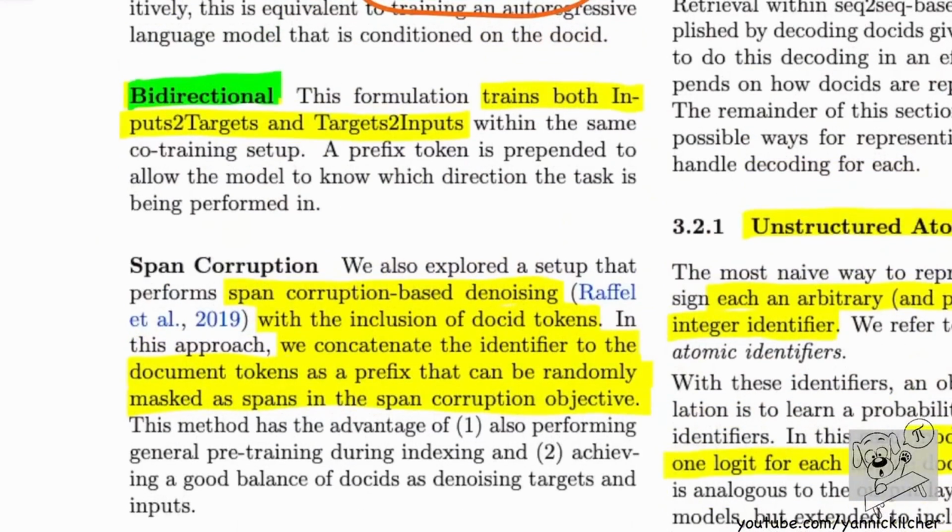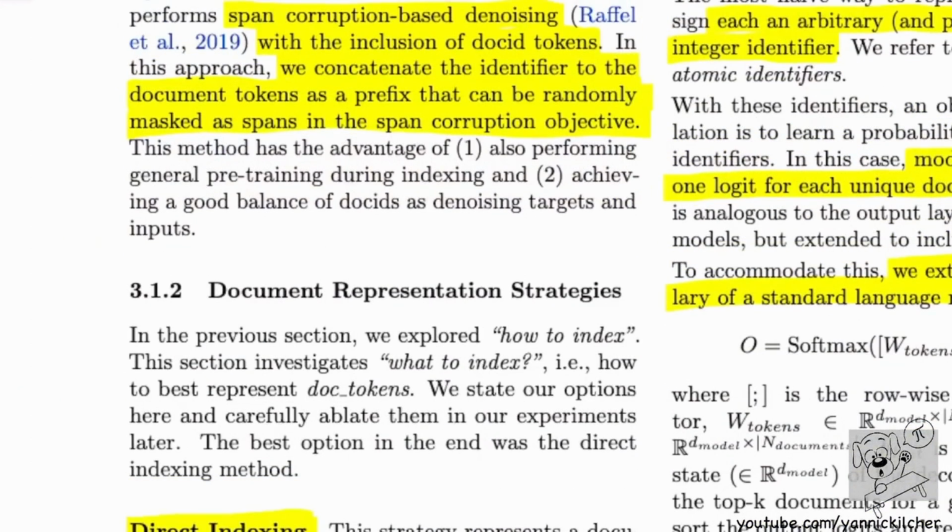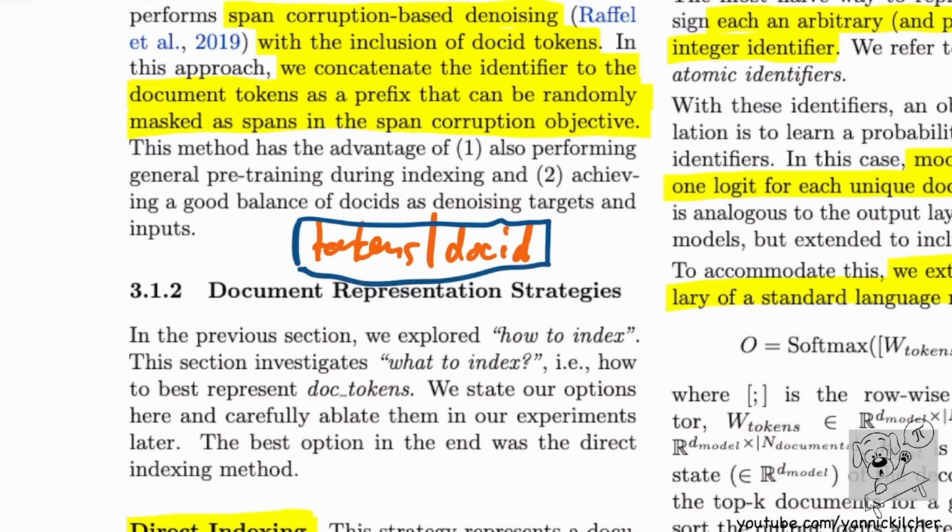And the last one is span corruption, where you essentially input, I think, the tokens and append the doc ID, and then you consider this entire thing as one piece of text that you want to predict, with a span corruption objective.